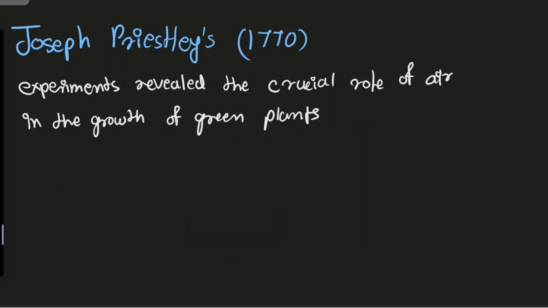Next is Joseph Priestley's experiment, 1770s. That was too old. This experiment revealed the critical role of air in the growth of green plants.